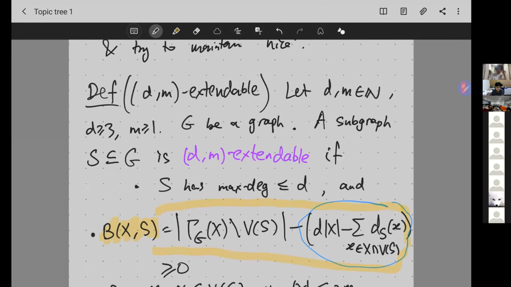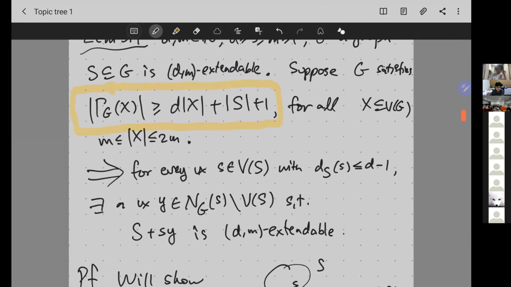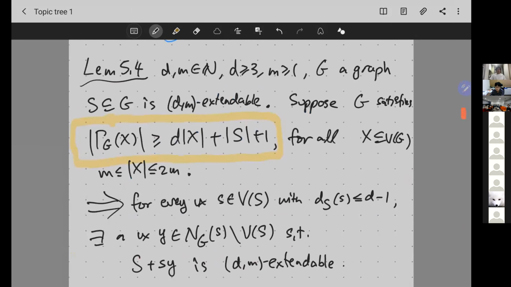So this is the main lemma today. And if no one has questions, then we can finish today and then we meet tomorrow at the same time. Okay.